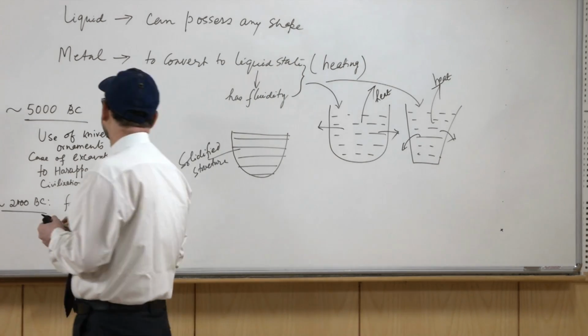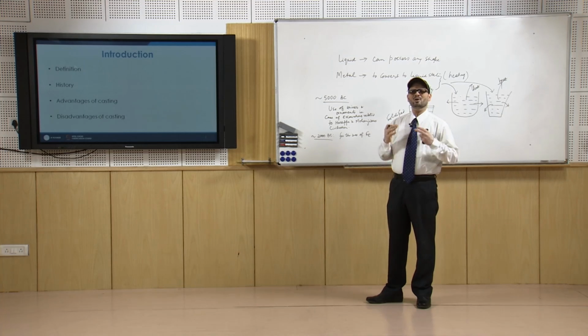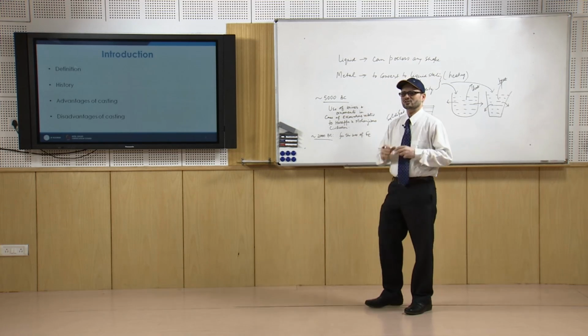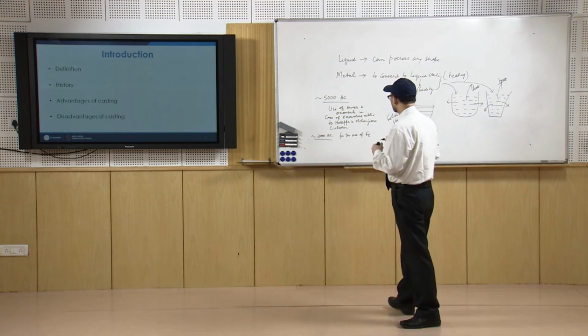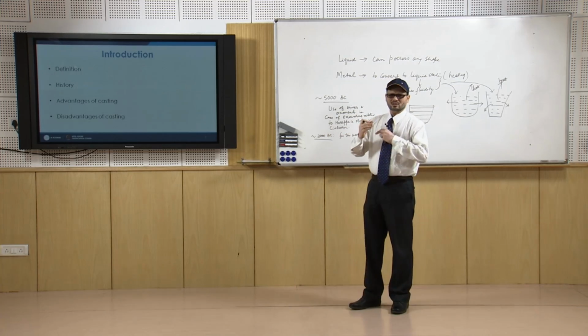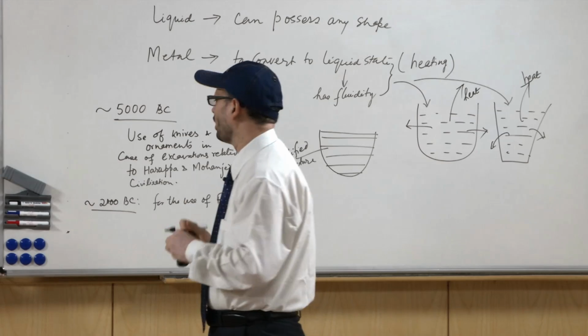In case of other metals, earlier copper and bronze were mostly used for making either utensils or statues, monuments, all that. I mean, mostly it was copper or bronze.